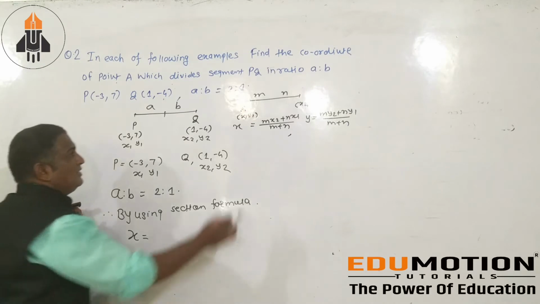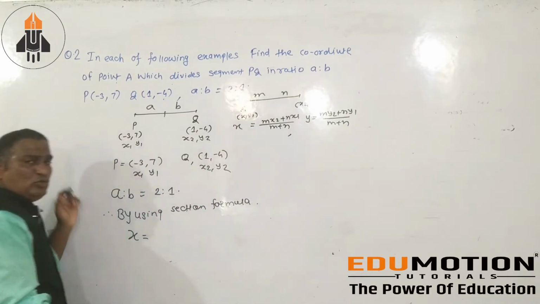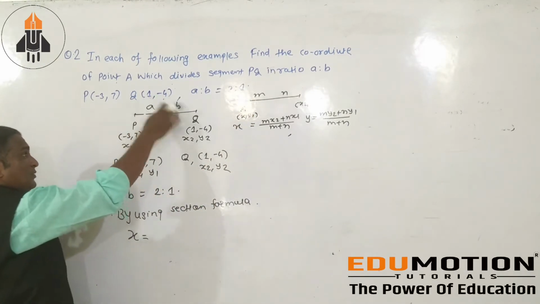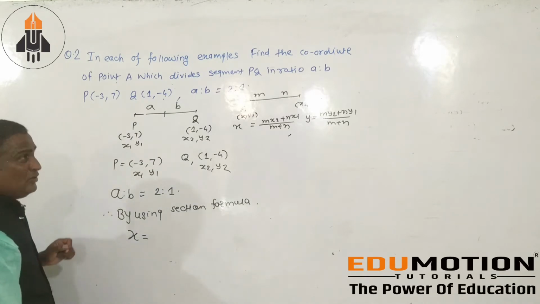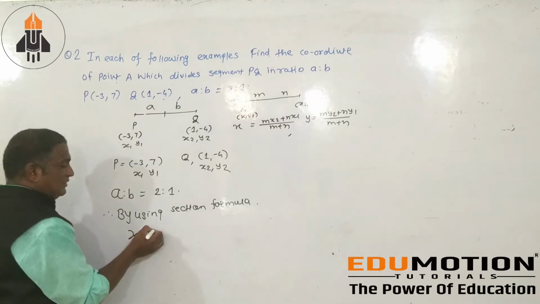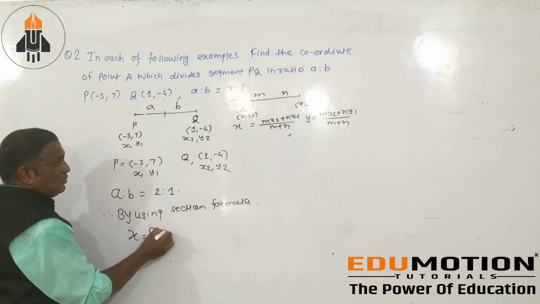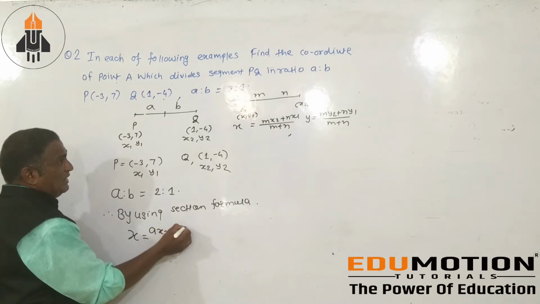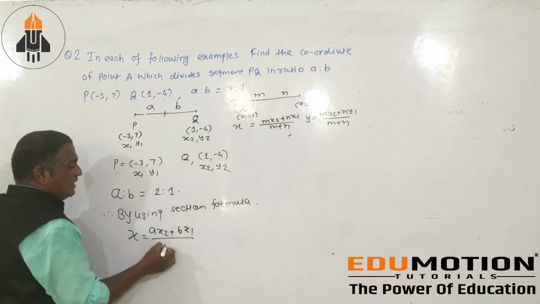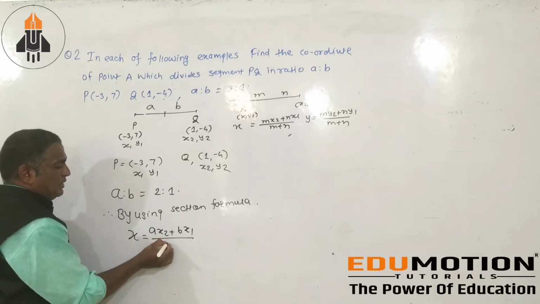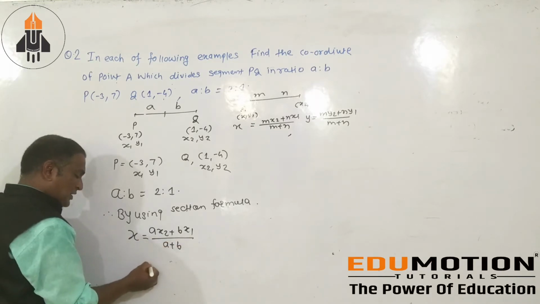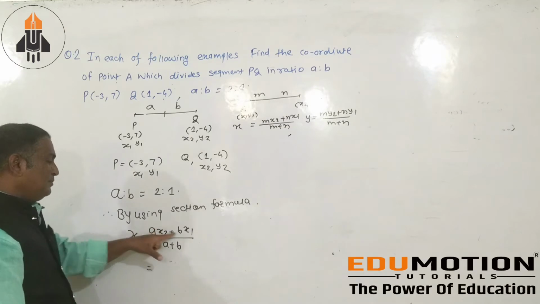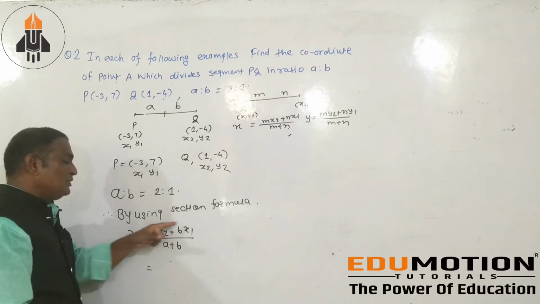In that case it divides in m is to n, and in this case it divides in a is to b, so we write ax2 plus bx1 divided by a plus b. Same thing here, a and b instead of m and n.